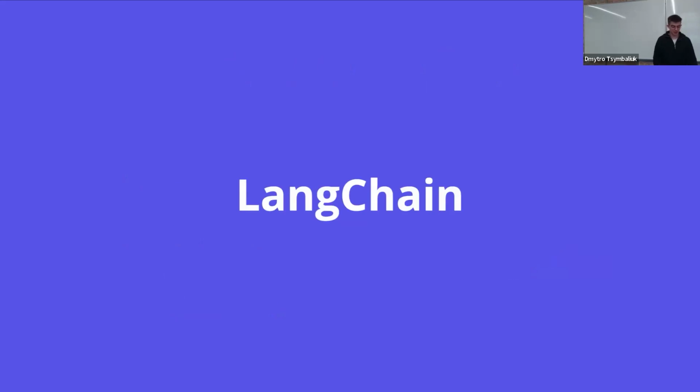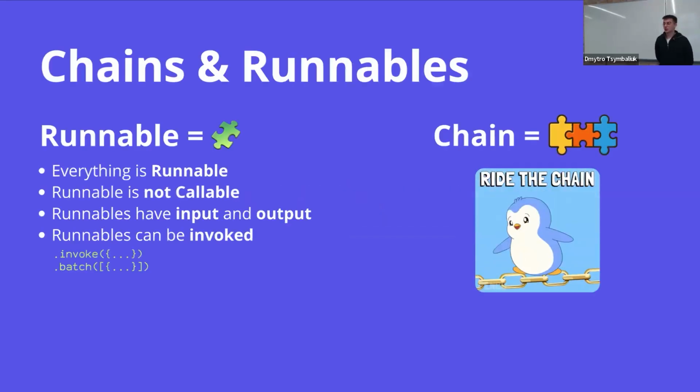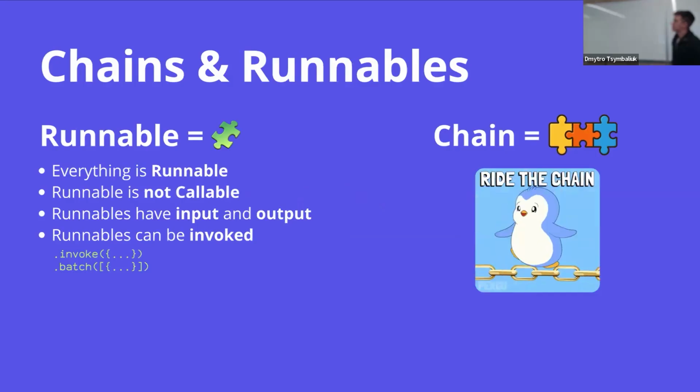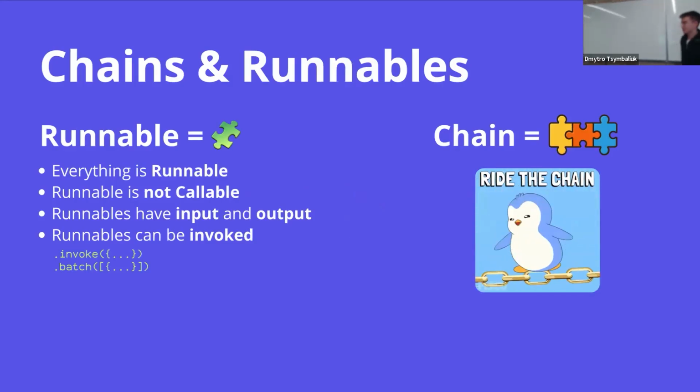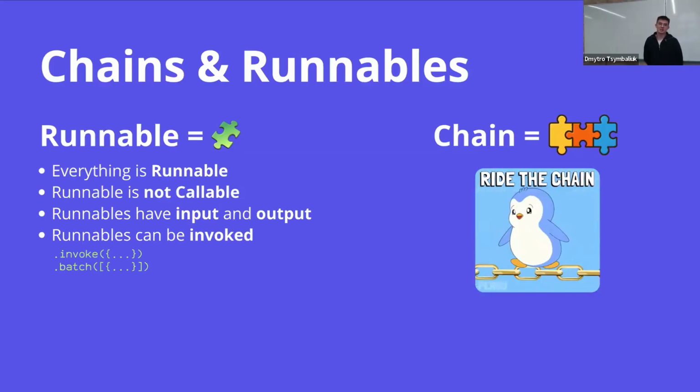So LangChain. Well, we know that it's something about language, right? But also it's something about chains. Everything in LangChain actually consists of runnables and chains. So what is a runnable? Everything in LangChain is a runnable. It's something you can run, but don't confuse it with callables, because callables are a little bit different.